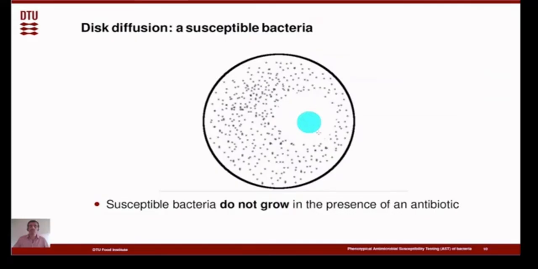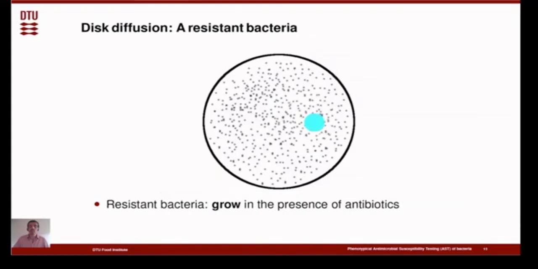So we can say that this is a susceptible bacteria because it's not growing around this disc. The opposite is when the bacteria grows around the disc. So the antimicrobial is not working or is not killing the bacteria. So we have here a resistant bacteria.